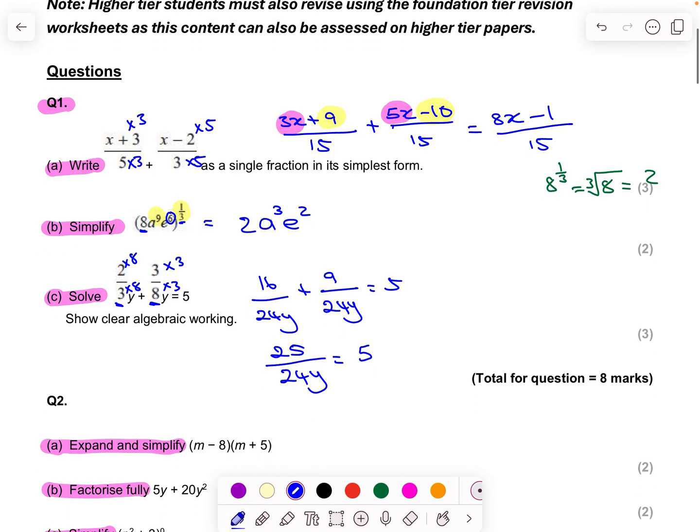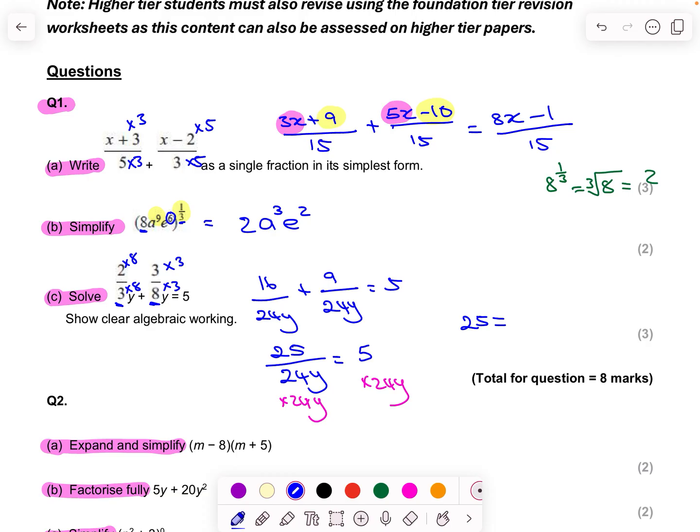And now it's really simple. I'm going to multiply both sides by 24y. And I get that 25 equals 5 times 24. I'm going to try and do that quickly in my head. Brain shutting down.